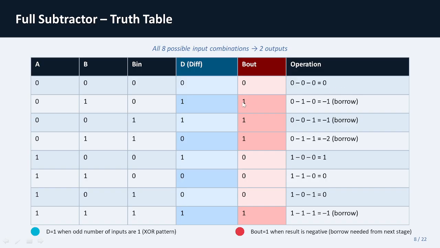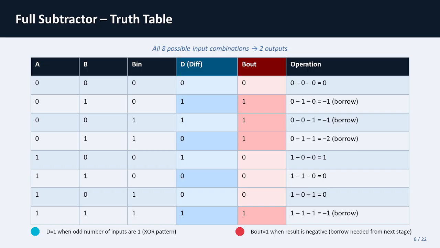That's why it's showing B out, meaning it requires a borrow. If you are going to produce a borrow, it means that I am receiving a borrow and I need to borrow out. Why do you need to do a borrow? To send to another full subtractor.